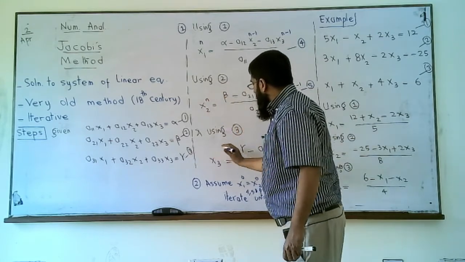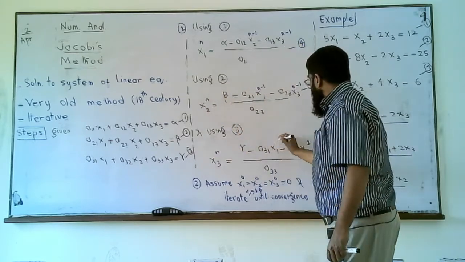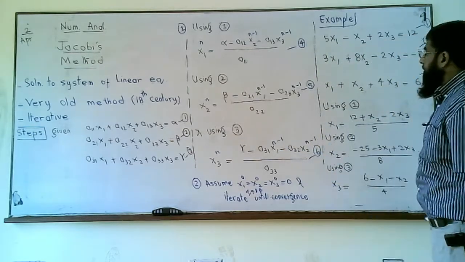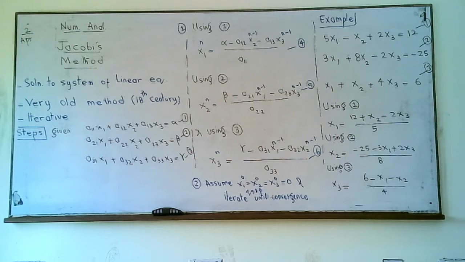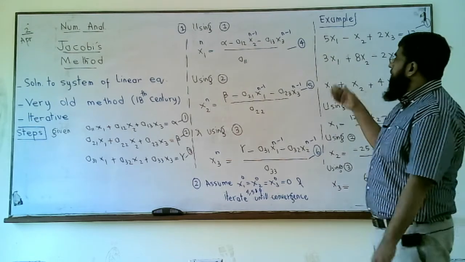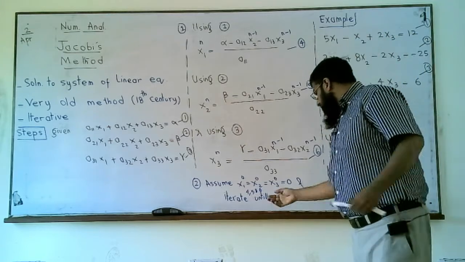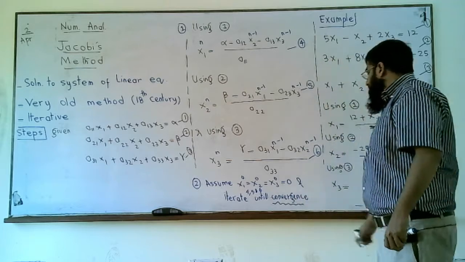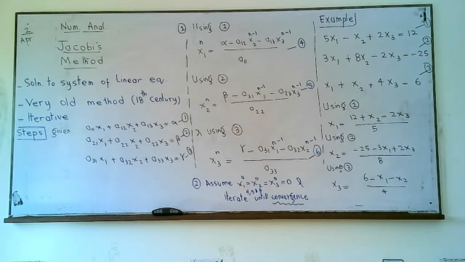Right, and x3 at n would be computed from x1 at n minus 1 and x2 at n minus 1. So this is how we proceed, and we keep on doing this until we get to a point where these values don't change. This means we converge, right?